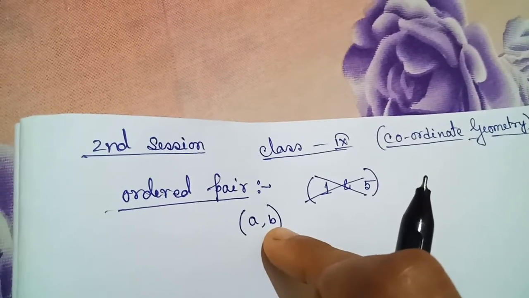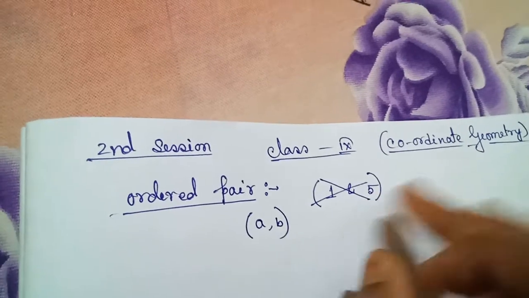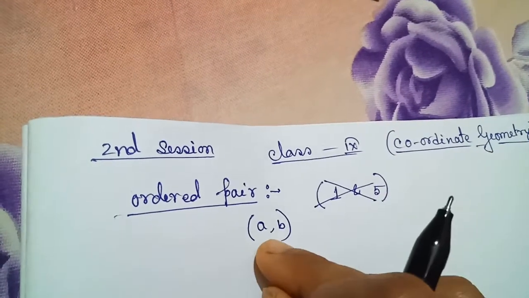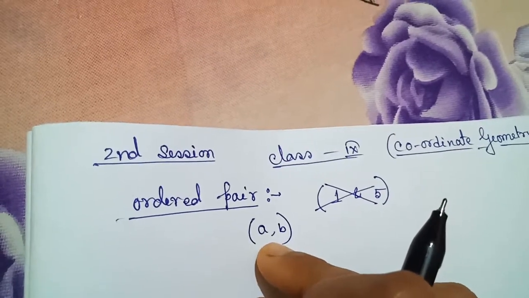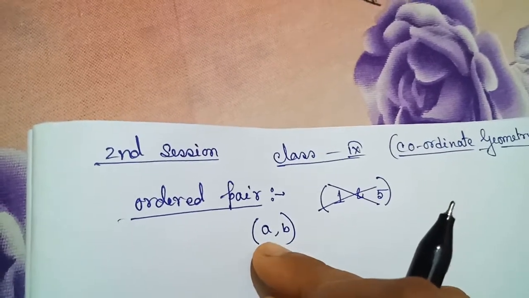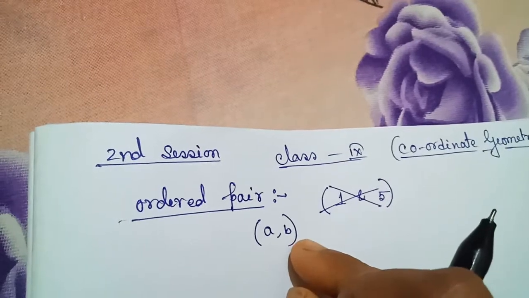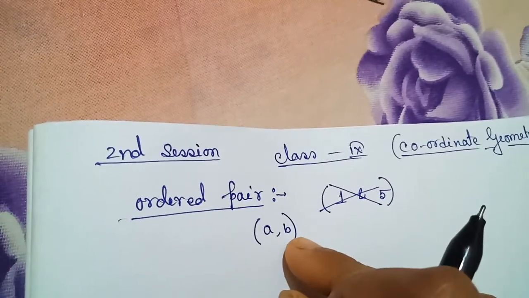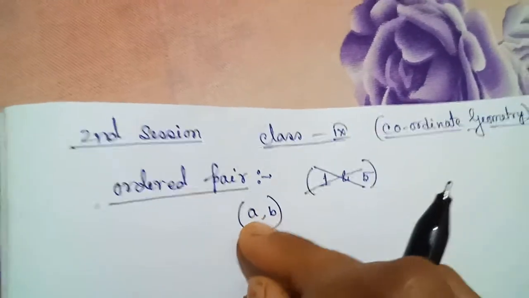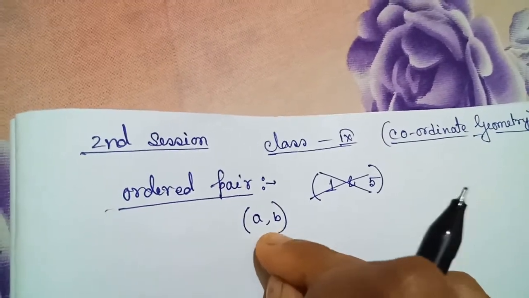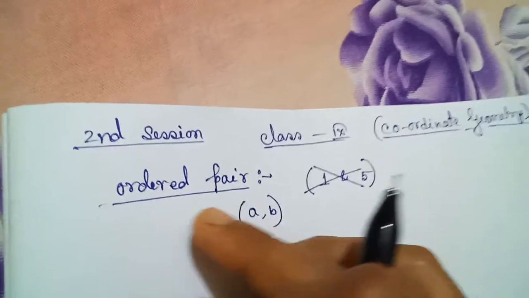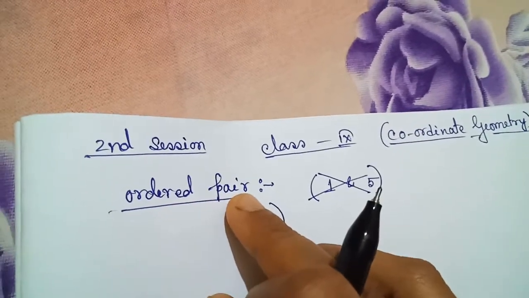It can be fraction also. So it means its value doesn't matter. The thing is that A and B will be real numbers. So this type of formation of two numbers is called ordered pair.